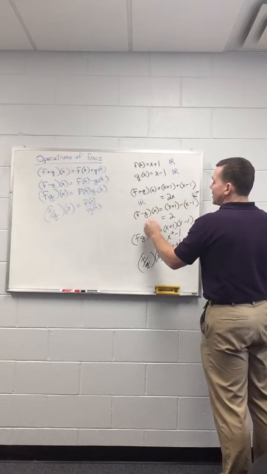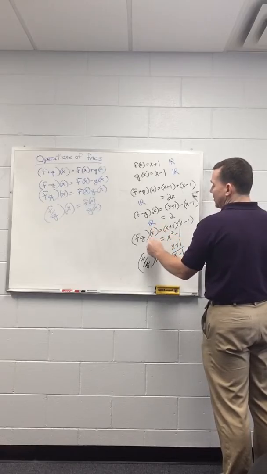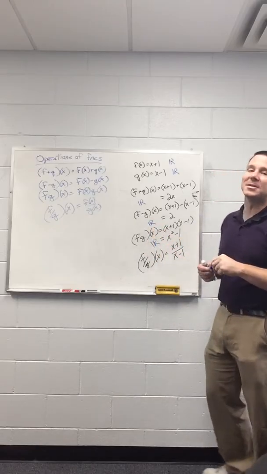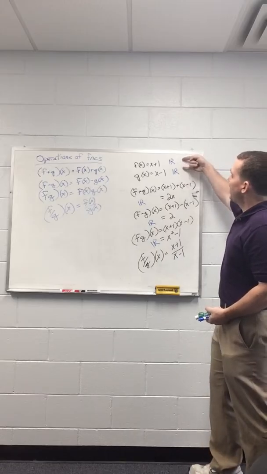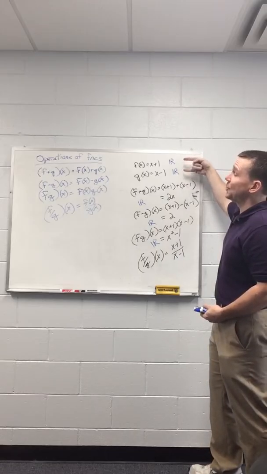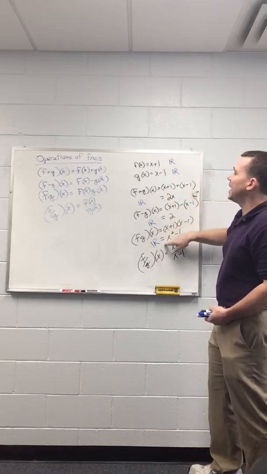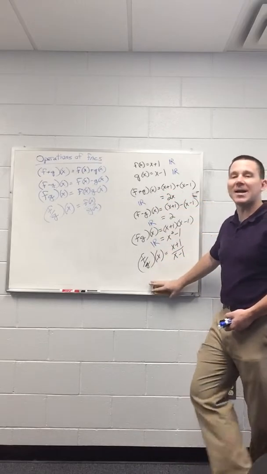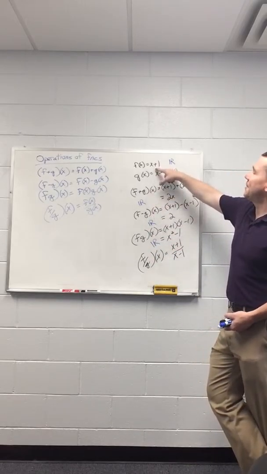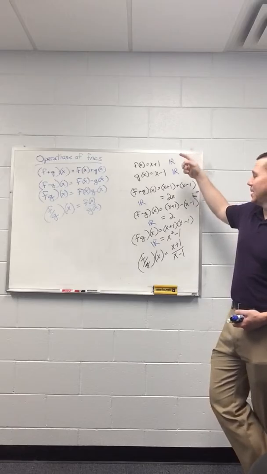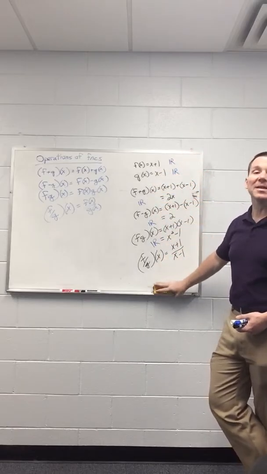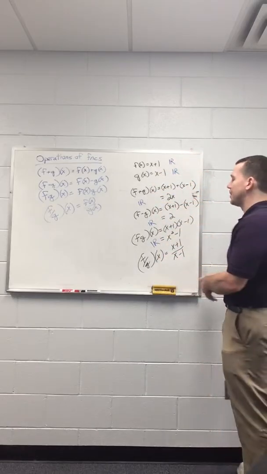When I do the difference, I get all real numbers. When I do the product, I get all real numbers. Essentially, whatever the domains are for the two functions you start with, that will be the domain of the sum, the difference, and the product. If the domain of f didn't include 5, then you wouldn't include 5 for any of these. The domain carries through the problem.